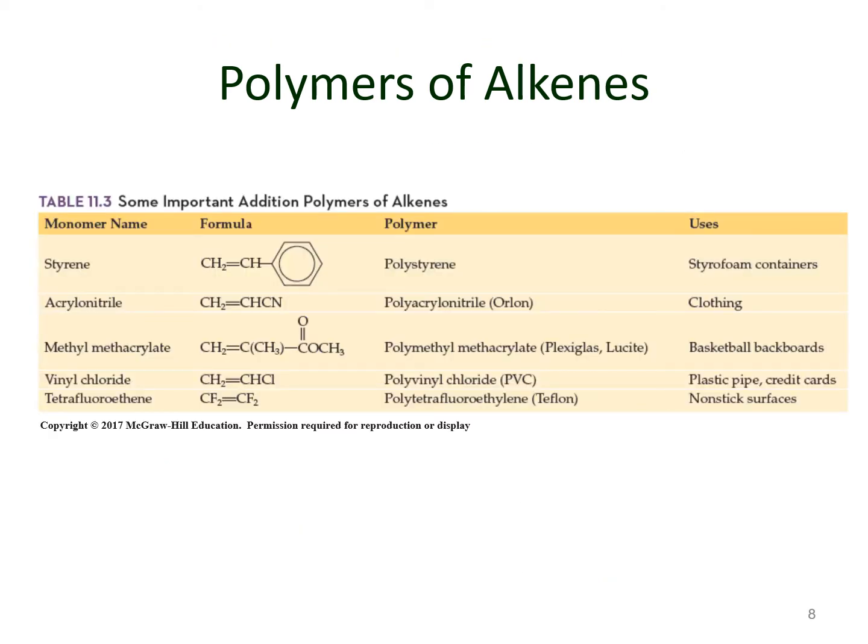Here are some examples of these polymers of alkenes that are used commercially, and you have to remember the name of the monomer unit, the polymer that it forms, and its uses in the industry. So first up is styrene, and the polymer that it will make is simply polystyrene, and it is used in the styrofoam containers.